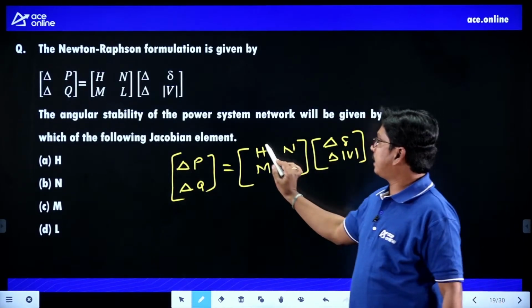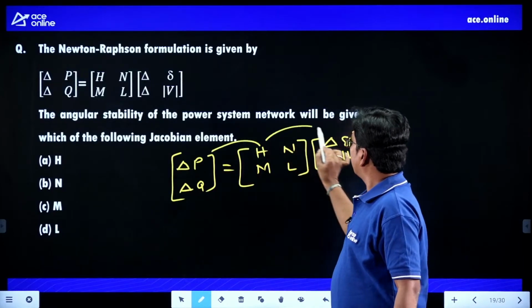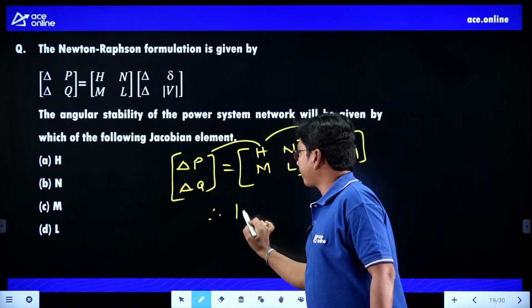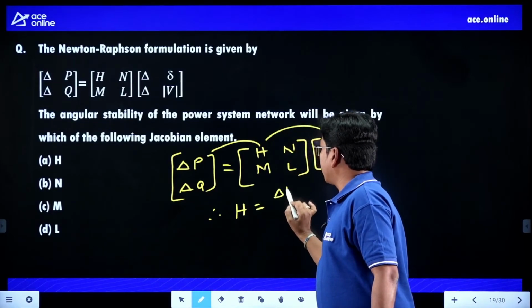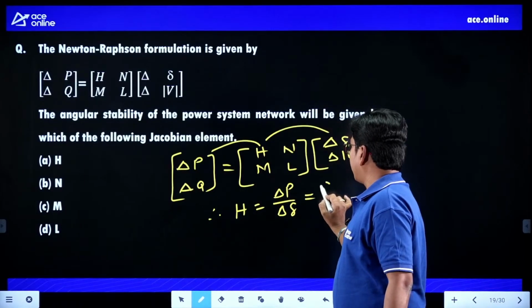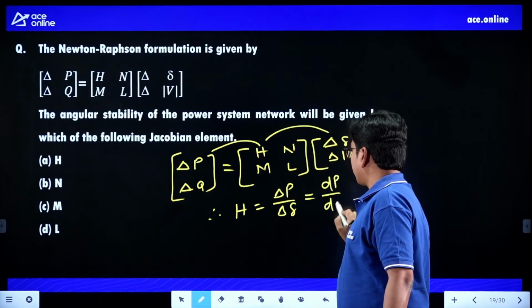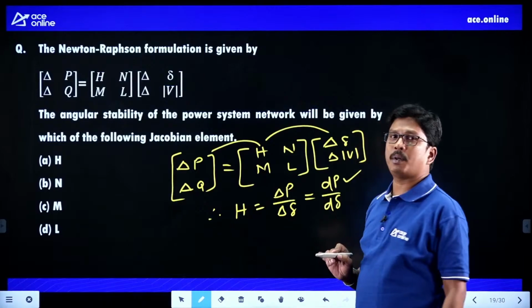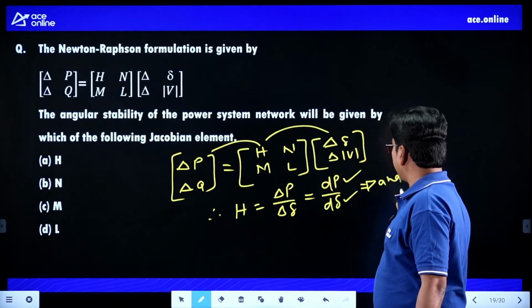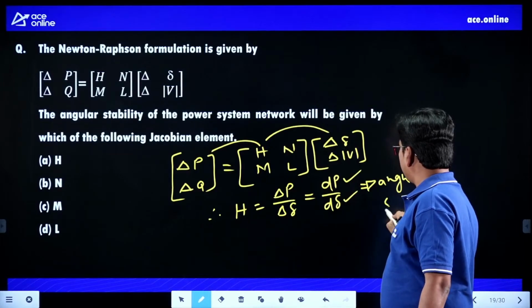H is mapping P and delta. Therefore, H is the mapping between del P divided by del delta, which is nothing but dP by d delta. The variation of active power with respect to delta is called the angular stability.